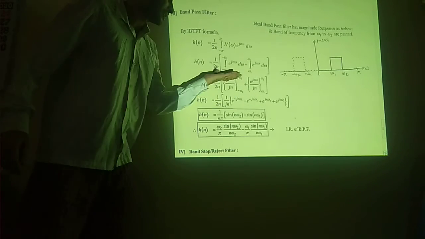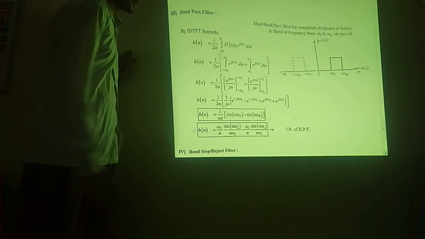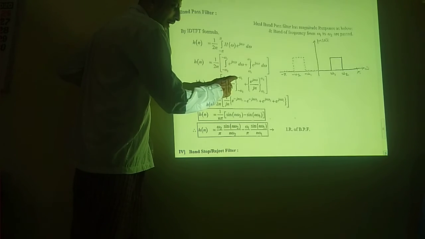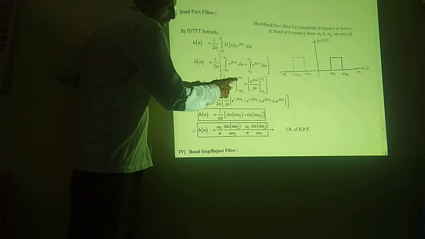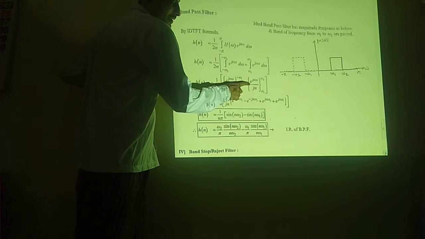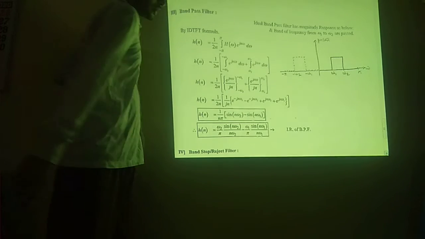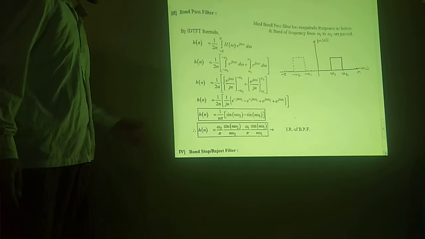After considering this, let's take out the integration. So 1 upon 2 pi, e raised to j n omega upon j n, with the limit from minus omega 2 to minus omega 1, plus e raised to j n omega upon j n, from omega 1 to omega 2. Let us substitute the values.